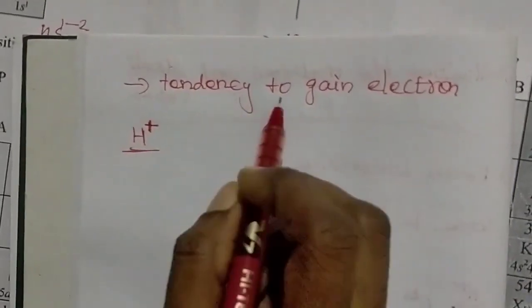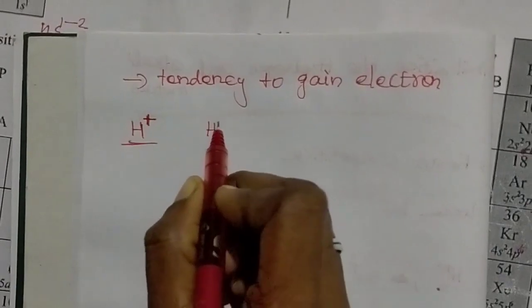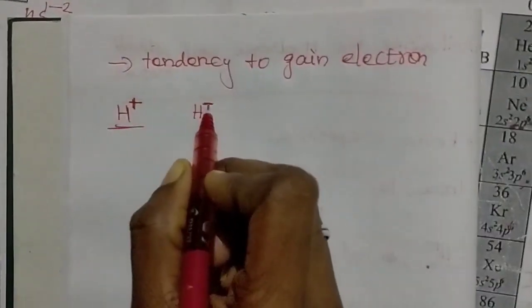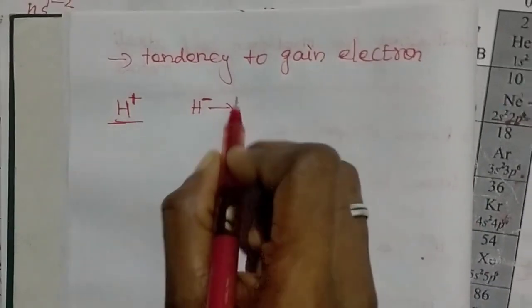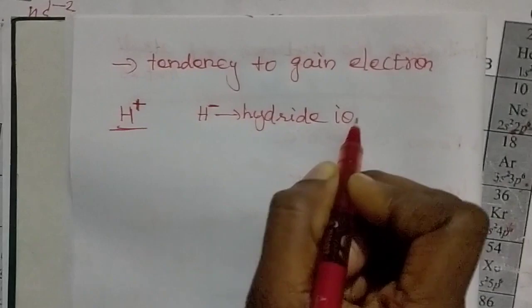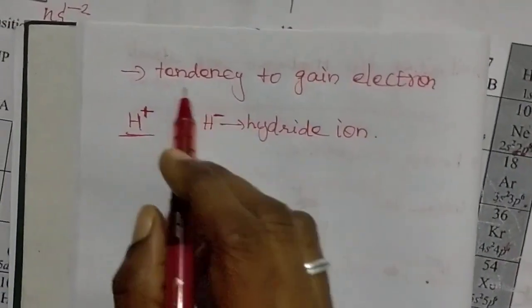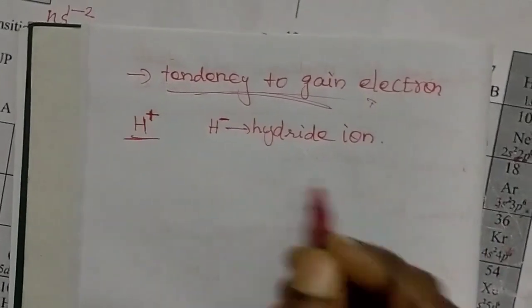But if hydrogen gains one electron, it can form H minus, the hydride ion. So hydrogen also has the tendency like the halogens.